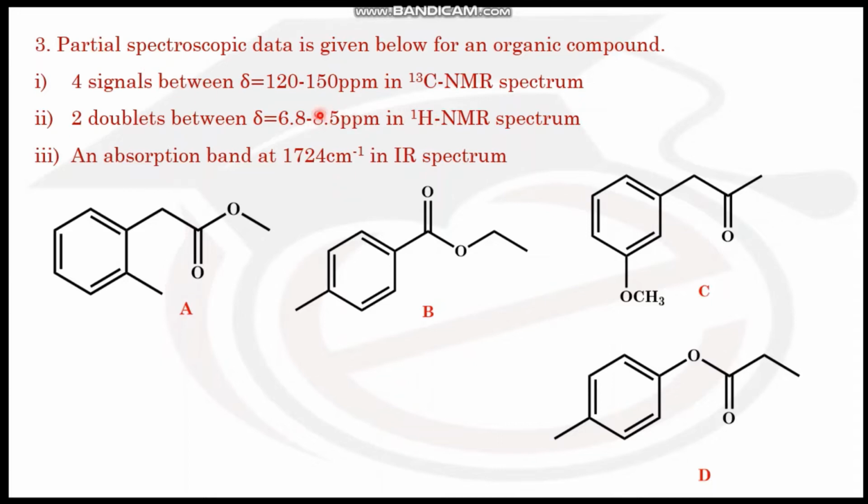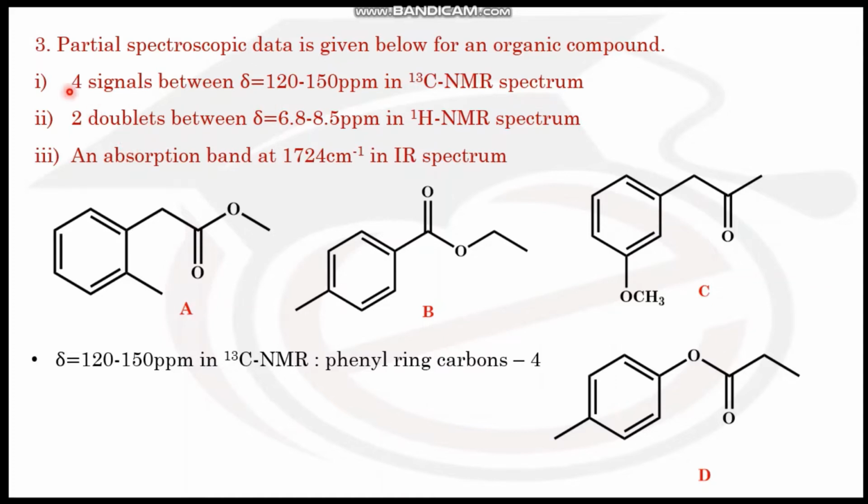You can choose any of the values, how to approach this question is up to you, but here we can try with the first one, that is C13 NMR. The values between 120 to 150 mean they are phenyl ring carbons, that is aromatic ring carbons lie in 120 to 150 ppm.